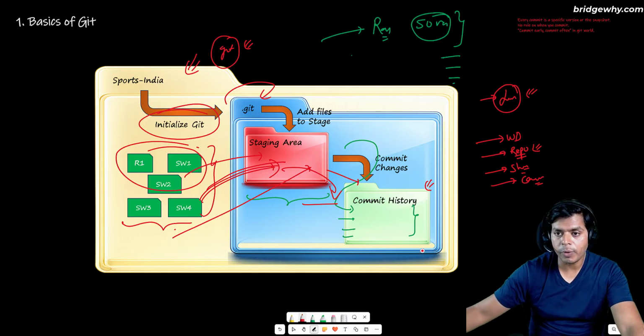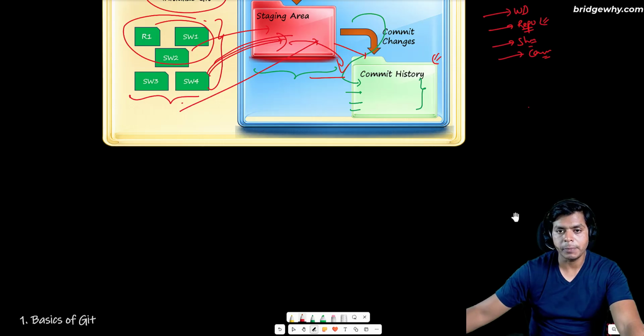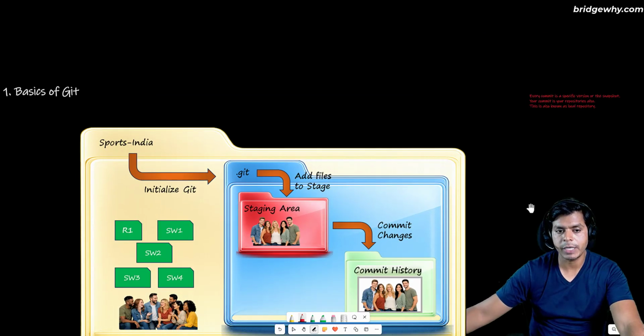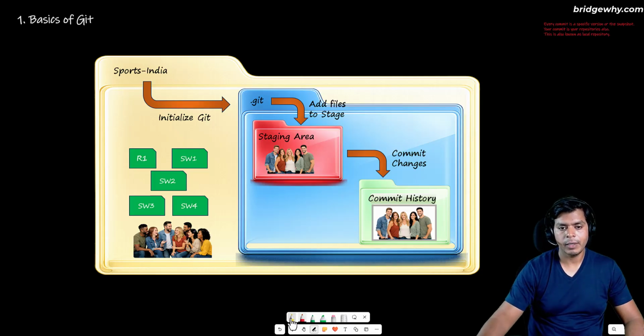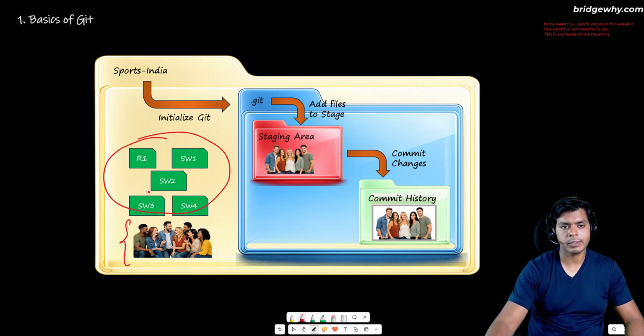And if I go back to the diagram or the picture which I was showcasing, this is how these are related. Working directory is as good as these people laughing and chatting. This is your working directory. Then you initialize Git and put some of the files in the staging area. Out of these people, those who are ready to have a snapshot or a picture, you add them into the staging area.